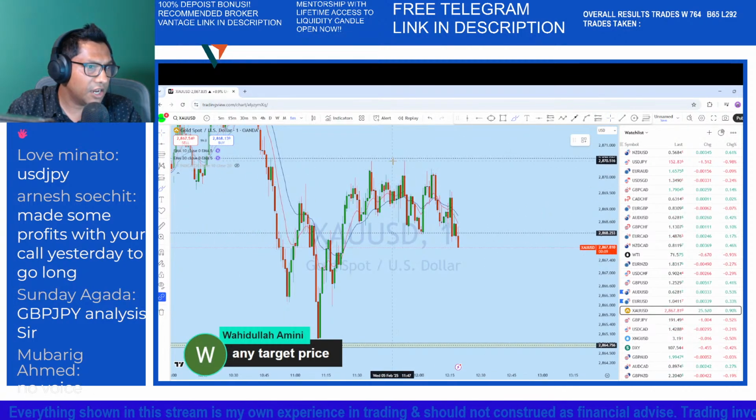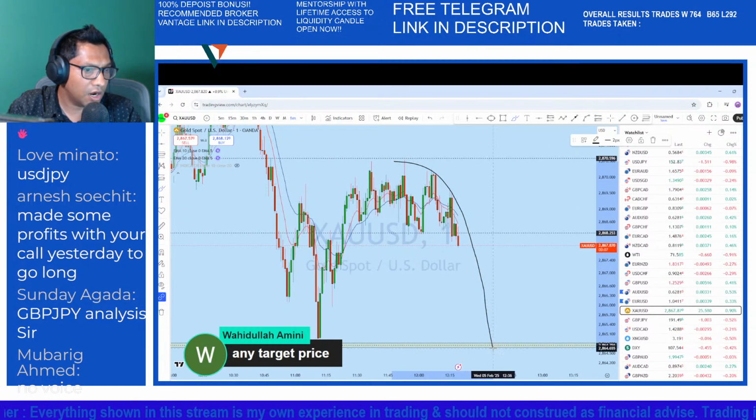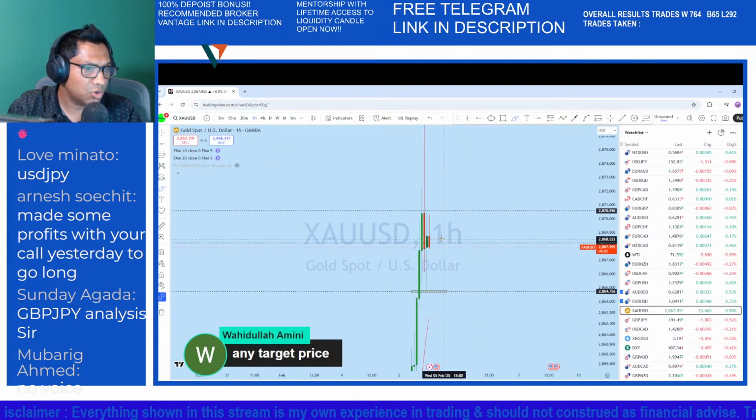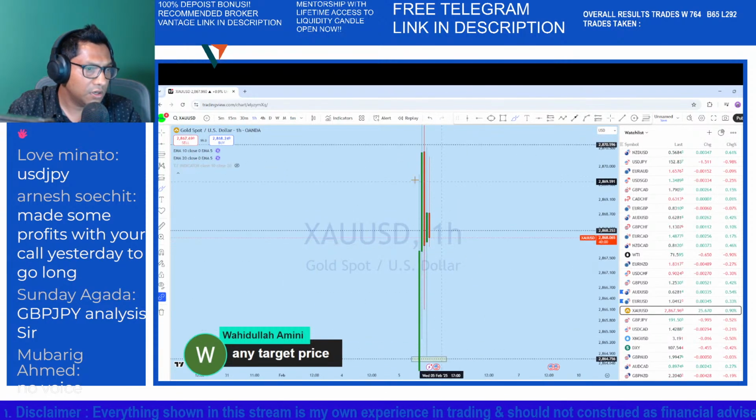We can see the market here forming a series of lower highs, coming back to that support. From the 1 hour chart here, also coming back to that support.